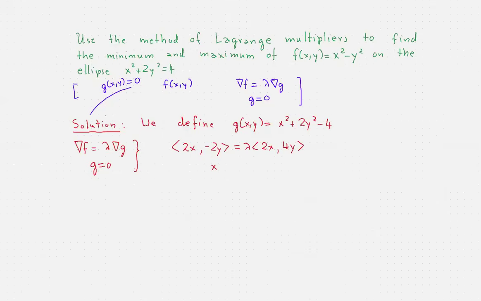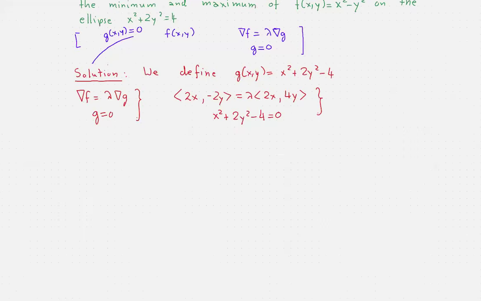Okay, so let's further elucidate the system. So let's write it as 2x equals lambda times 2x, and negative 2y equals lambda times 4y, and x squared plus 2y squared minus 4 equals 0.